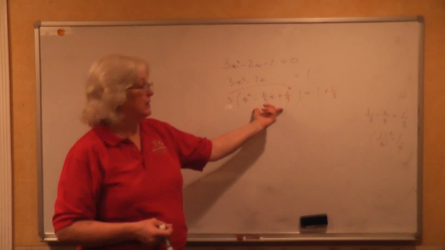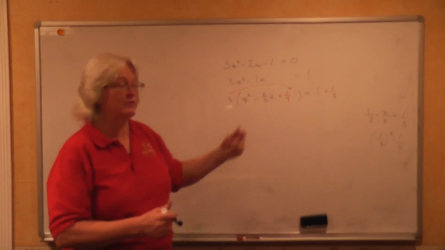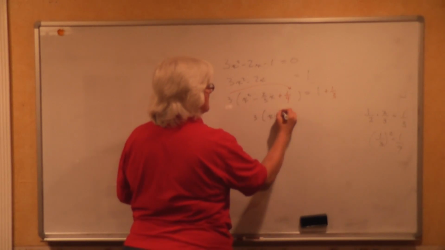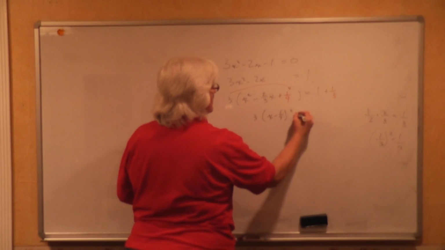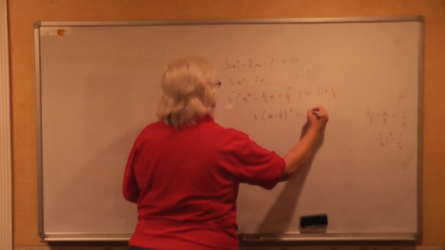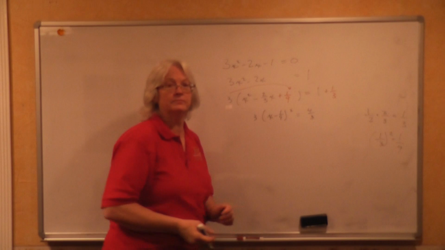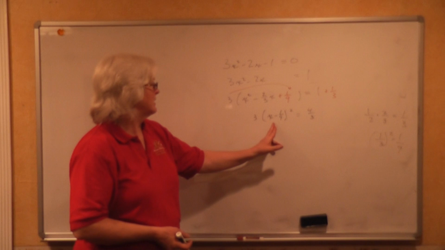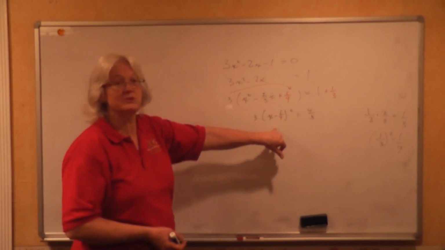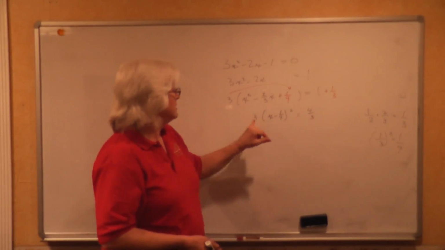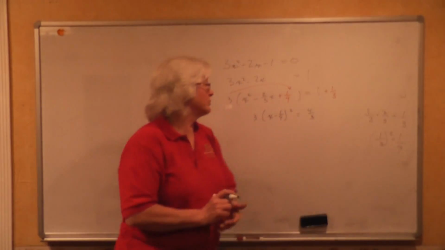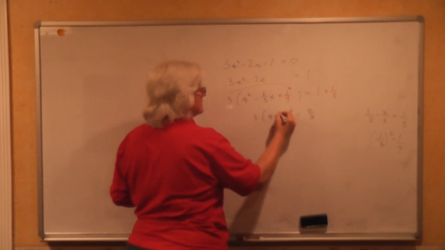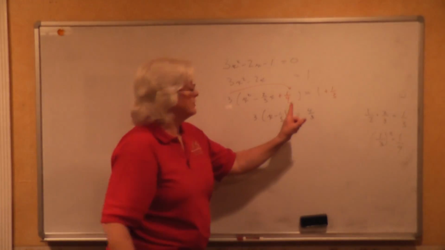Now, we can factor this perfect square trinomial. 3 times the quantity x minus 1/9 squared is equal to 4/3. I did not mean 1/9, I'm sorry. 3 times the quantity x minus 1/3 squared, because negative 1/3 squared is going to equal this 1/9.